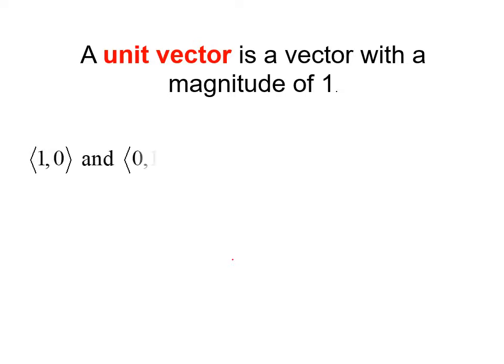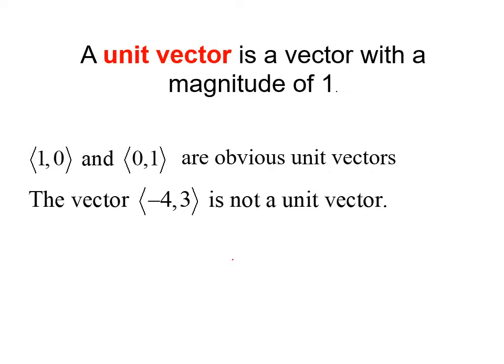So the two unit vectors that we're going to be starting with are the vector ⟨1, 0⟩ and the vector ⟨0, 1⟩. You can tell by looking that those are 1 unit long. Now the vector ⟨-4, 3⟩ is not 1 unit long.